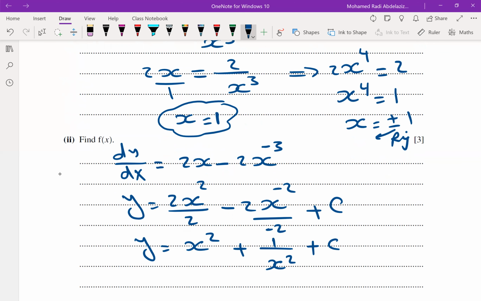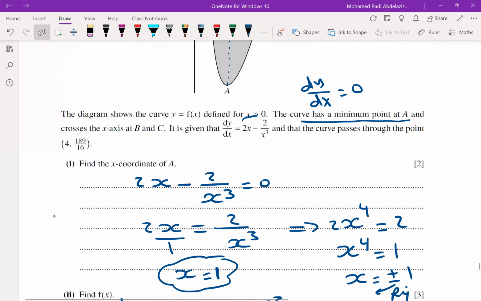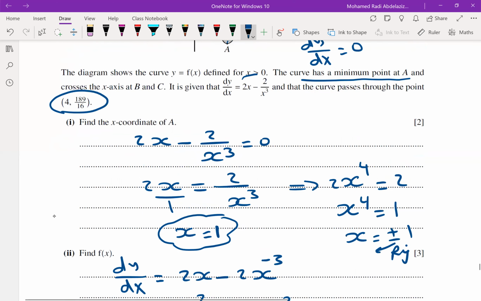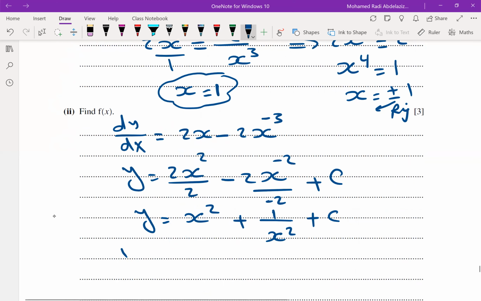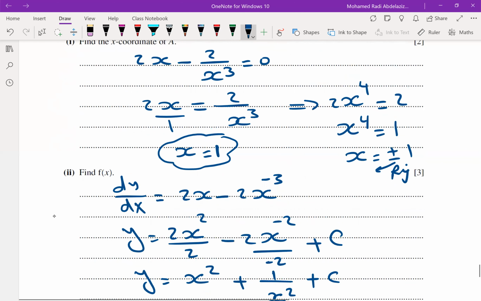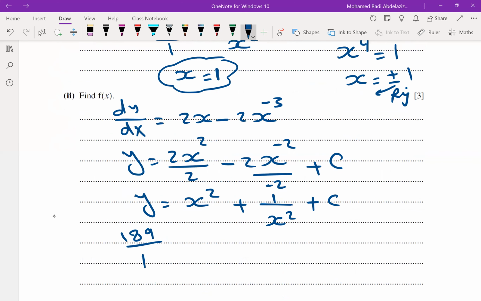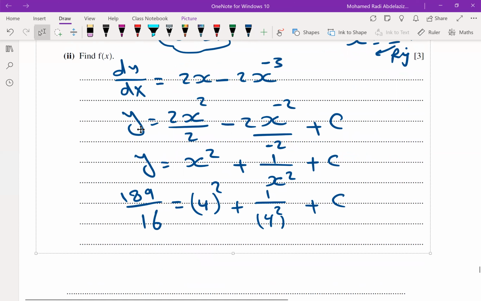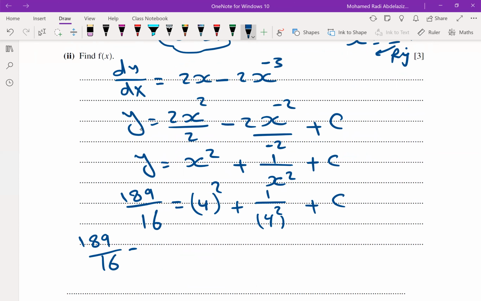How to get c? It's given a point on the curve. Use this point, x and y. y is 189 divided by 16, and x is 4, so 4 squared plus 1 over 4 squared plus c. Try to calculate the value of c: 189 over 16 is equal to 16 plus 1 over 16 plus c.